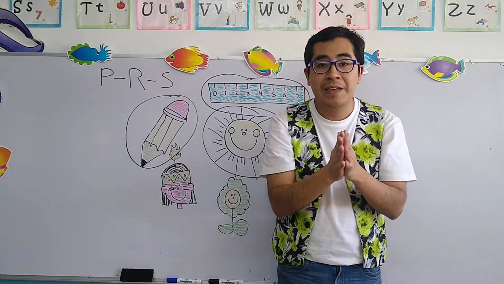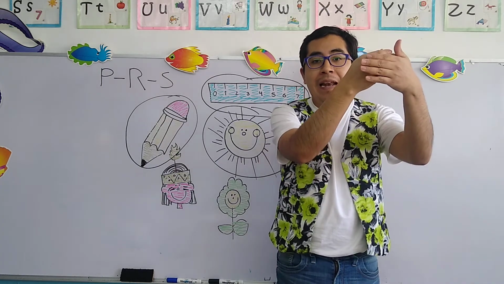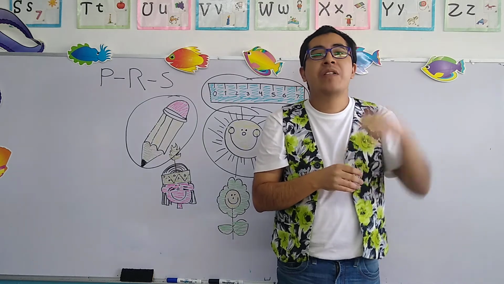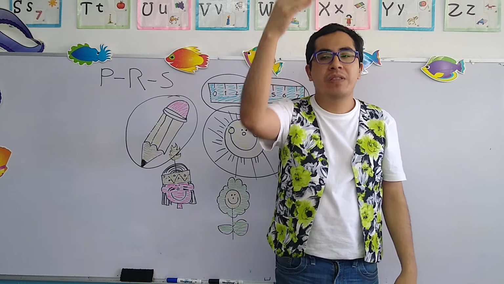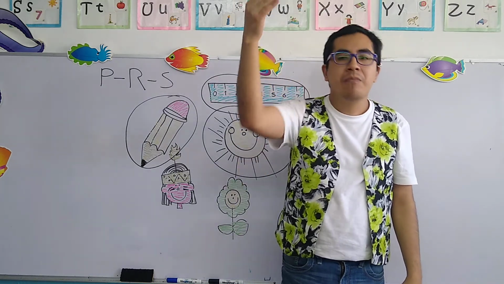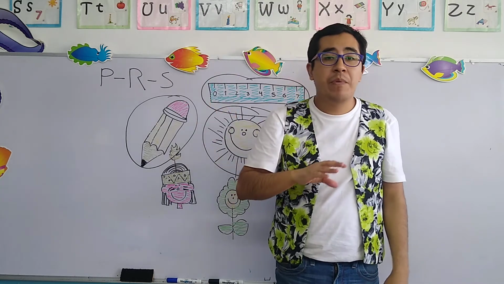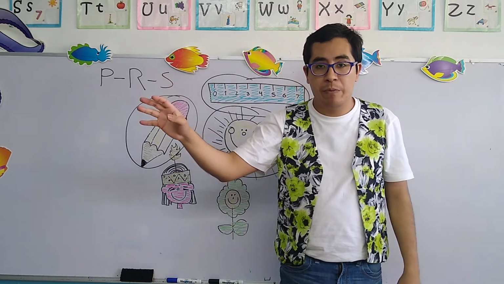Es muy importante que cada vez que repasen el abecedario, cada letra la asocien o la relacionen con su objeto. The letter R with the ruler, the letter S with the sun, the letter P with the pencil, the letter Q with the queen. Remember, with an object or with the name of people.